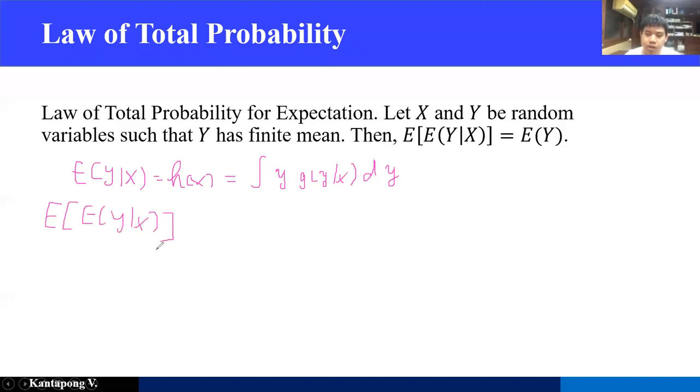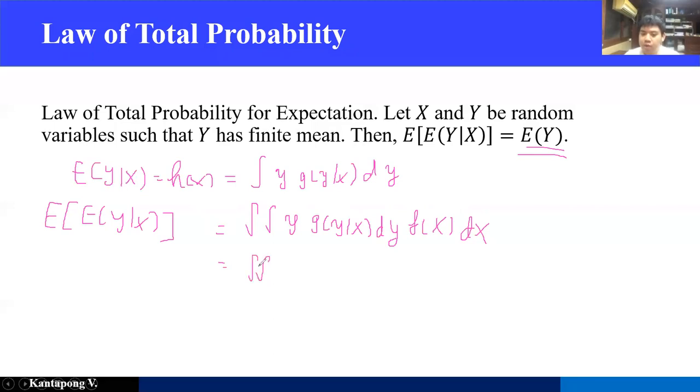It's going to be a constant now. On the right-hand side, we should expect the constant E of Y, right? So for this one, we integrate again, the integral of y times g of y given x, dy, times f of x, dx.